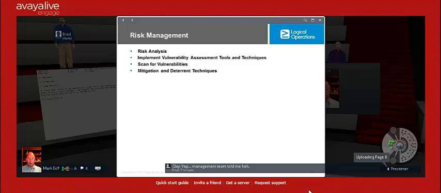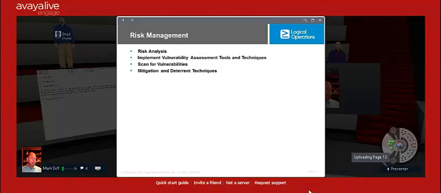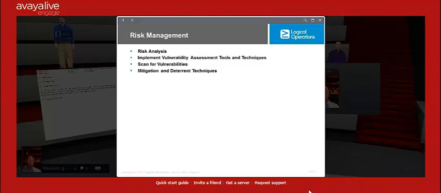There you go. All right, and here we are, Chapter 8, Risk Management. A lot of good stuff in here. The concept of risk analysis. What are the components that go into risk analysis? What do we mean by risk analysis? I'll reveal that. We've got threat analysis and we've got vulnerability analysis.